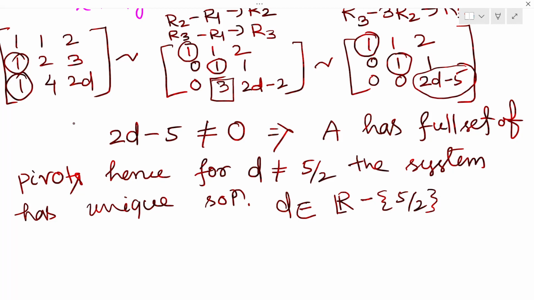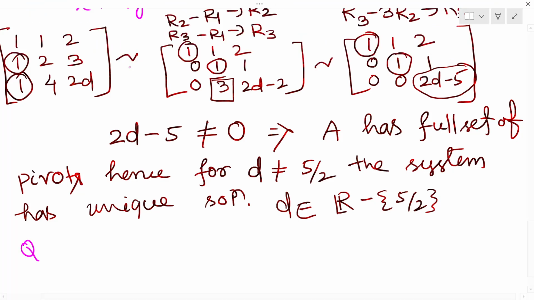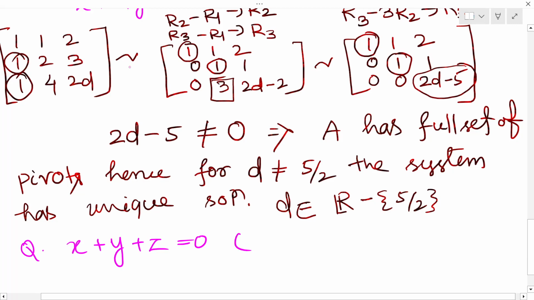Another question is given for B. Find a basis for the plane x plus y plus z is equal to 0 in R cube. We are expected to find a basis.